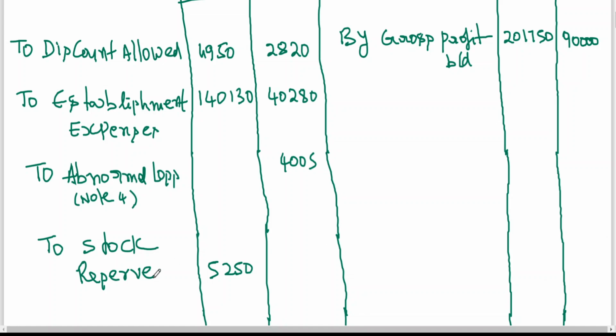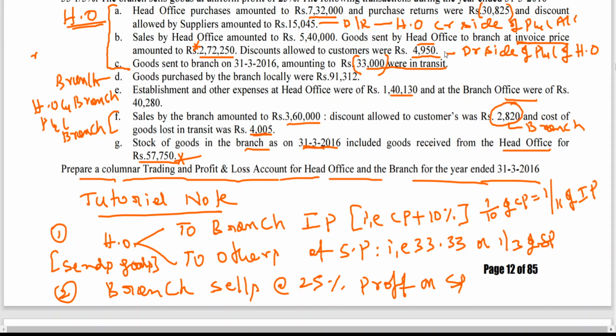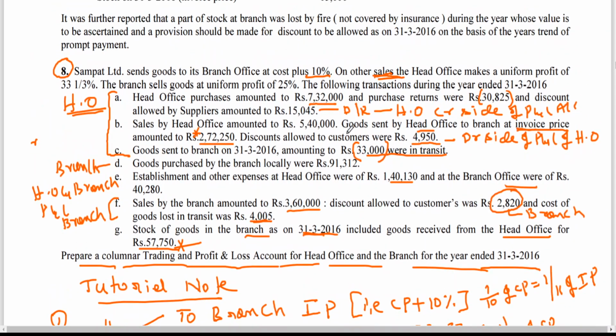Okay. Now the stock reserve 5,250. Then this is completed. Now two items we are having. Discount allowed we have taken, no? I think discount is still one adjustment that we have not taken. Head office purchases and purchase returns are there, and discount allowed by suppliers 15,045. It is an income for whom? Head office.